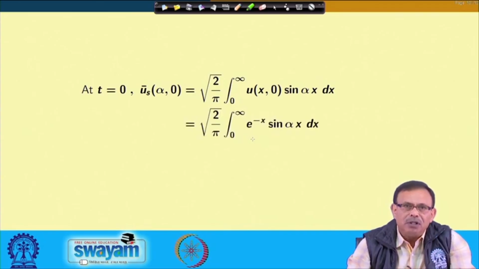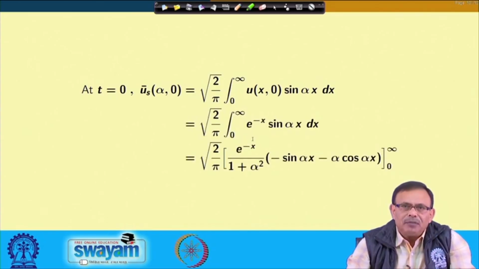So, I am replacing it with e power minus x, then just integrate it, because e power minus a x sin b x is a standard format. So, I can put the direct result, and once I put the limiting values of x from 0 to infinity, ultimately I will obtain root over 2 by pi into alpha by 1 plus alpha square.